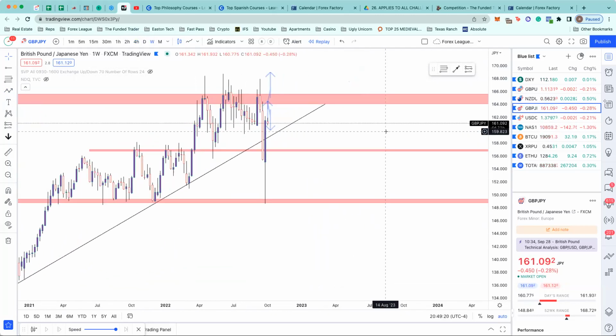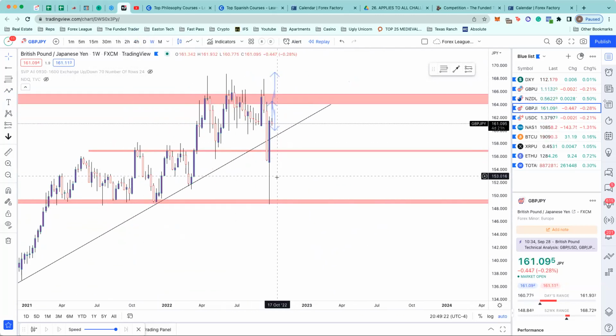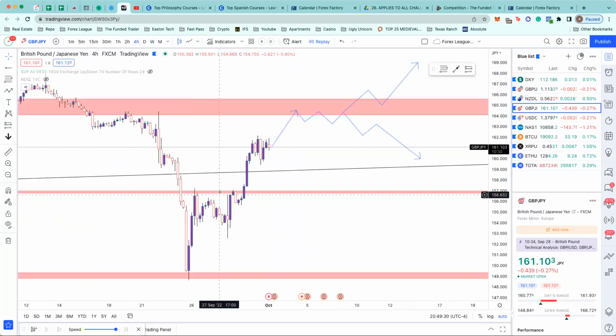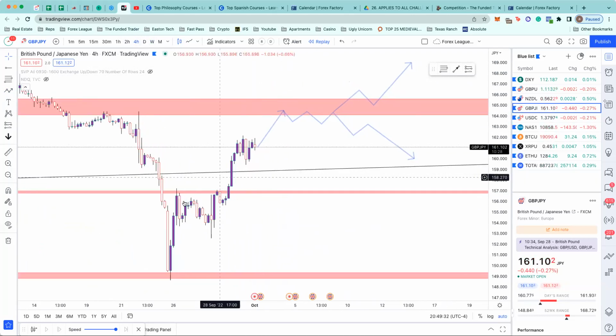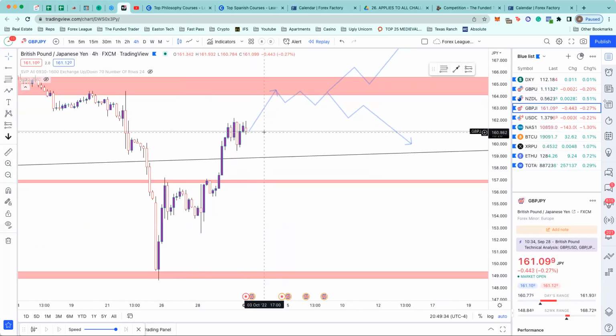Again, weekly time frame, huge impulse move last week, closed bullish. There's nowhere else to go besides back into this red zone right here. 4-hour time frame, broke structure, so now we're in this mini bullish trend on the 4-hour. So look for GJ to make its way back up to the 165 area, and then from there we'll see what the play ends up being.